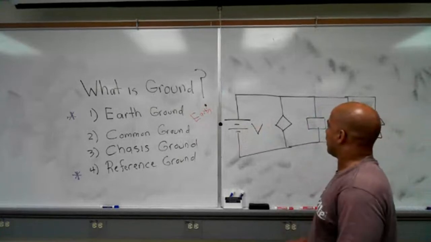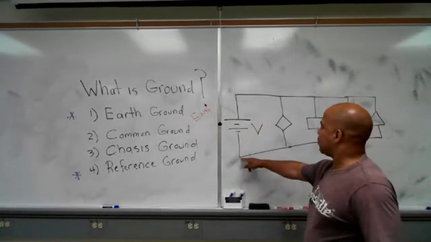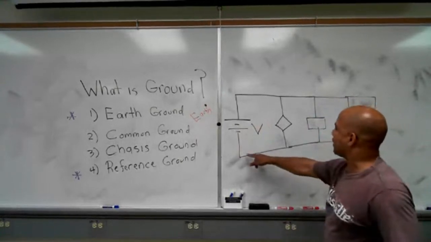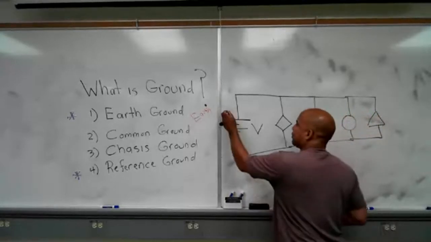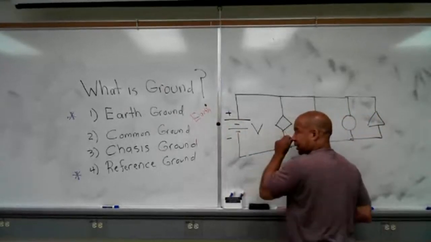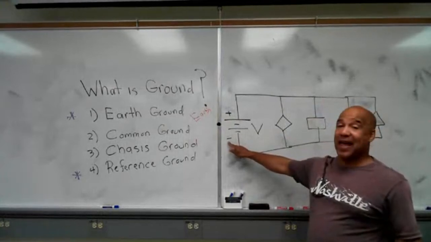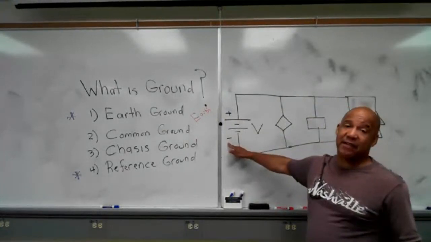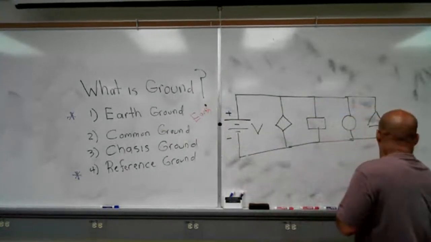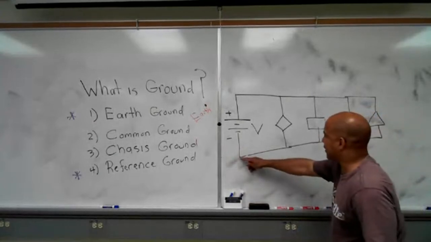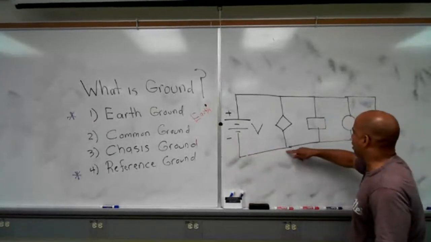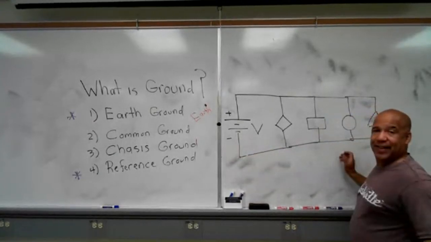Well, if I wanted to, this wire down here, since that's a common connect, this is my positive potential, and that's my negative potential. And a lot of times, some people call that ground because it's negative, but it doesn't have to be. It can be, but it doesn't have to be. But since there's a common connection to that negative terminal all the way across, I can call that common ground.